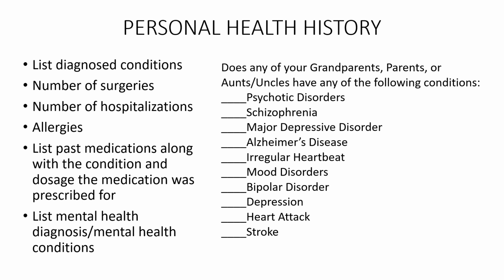So the personal health history asks you to list your diagnosed conditions, number of surgeries, hospitalizations, allergies, past medications, the dosage of that medication, and the condition that medication was prescribed for, your mental health conditions and diagnosis, and then it asks about the history of your parents and your grandparents and your aunts and uncles.